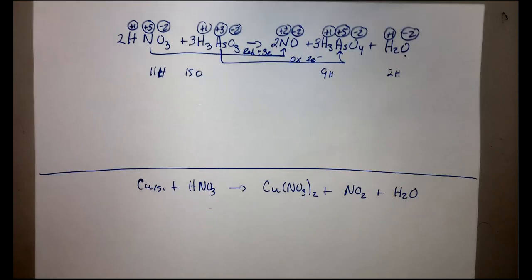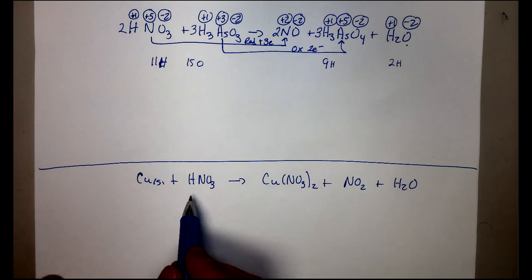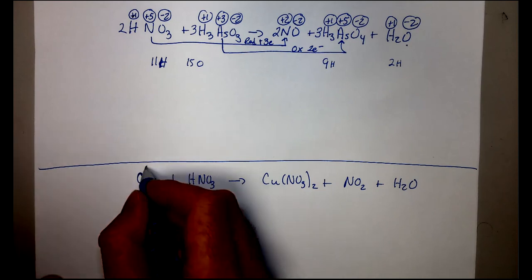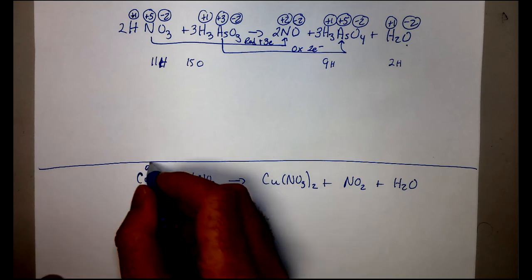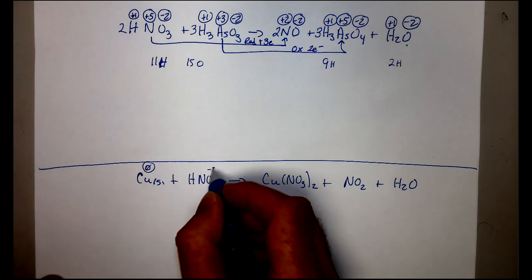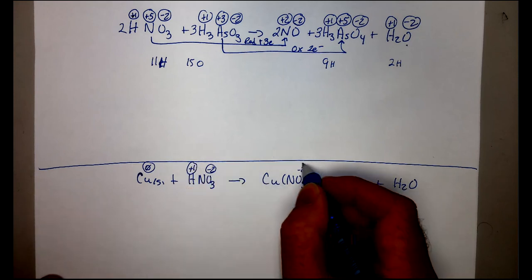Now let's consider the second reaction, the reaction of copper with concentrated nitric acid. We know that's 0 because it's a free element. -2 plus 1, -2.